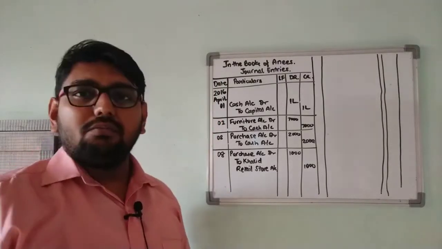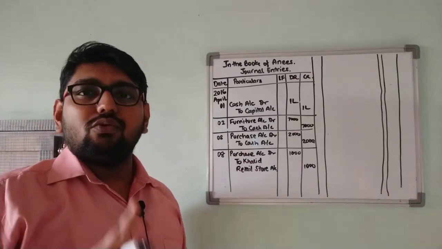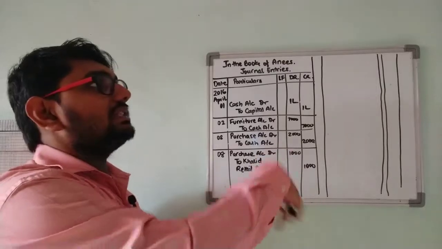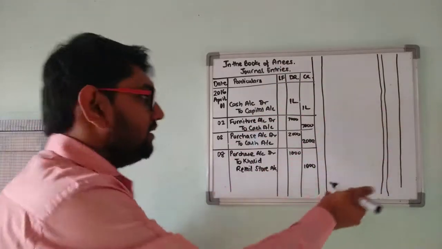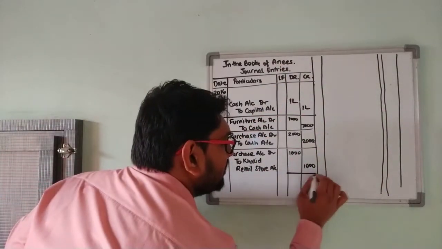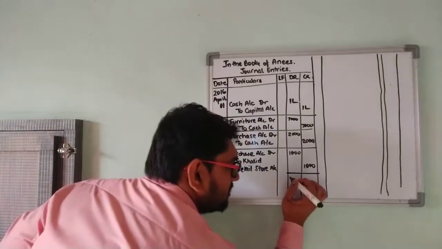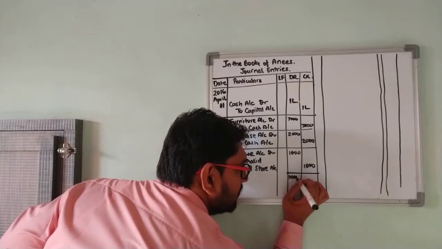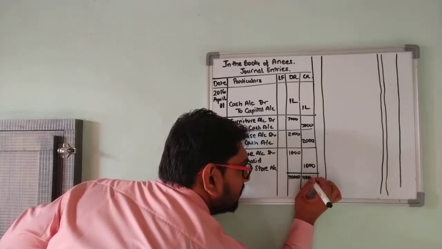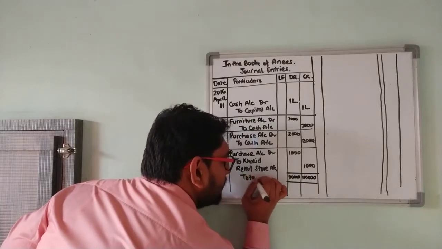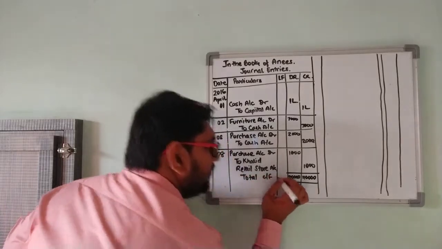Now my page has come to an end, so I have to do one thing over here. I have to take the total of this page and transfer it to the next page. So let us take the total, 1,10,000. Total CF.